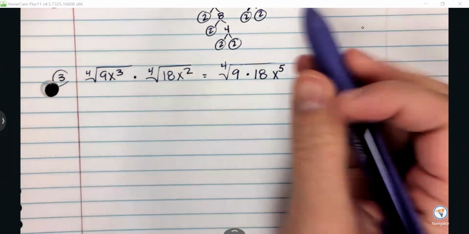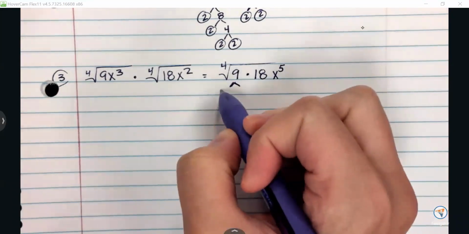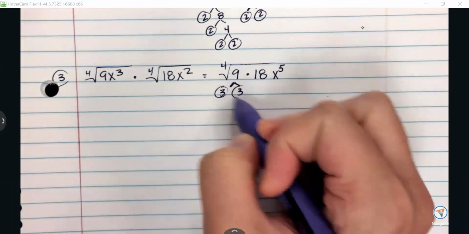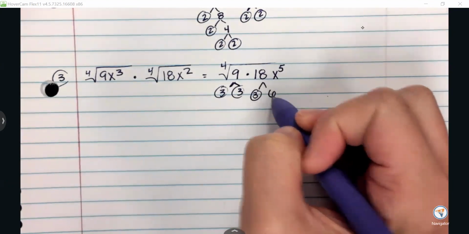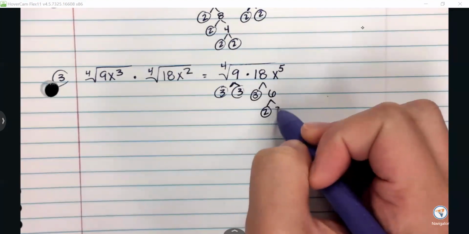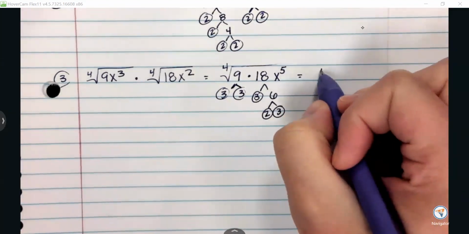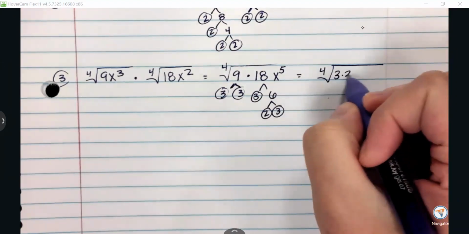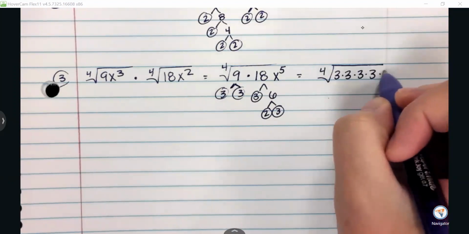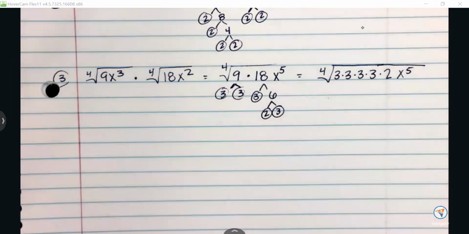So if I want to, I can break this down. Not if you want to, you need to. Break this down. 9 is 3 times 3. 18 is 3 times 6, which is 2 times 3. So this becomes the 4th root of 3 times 3 times 3 times 3 times 2, x to the 5th.